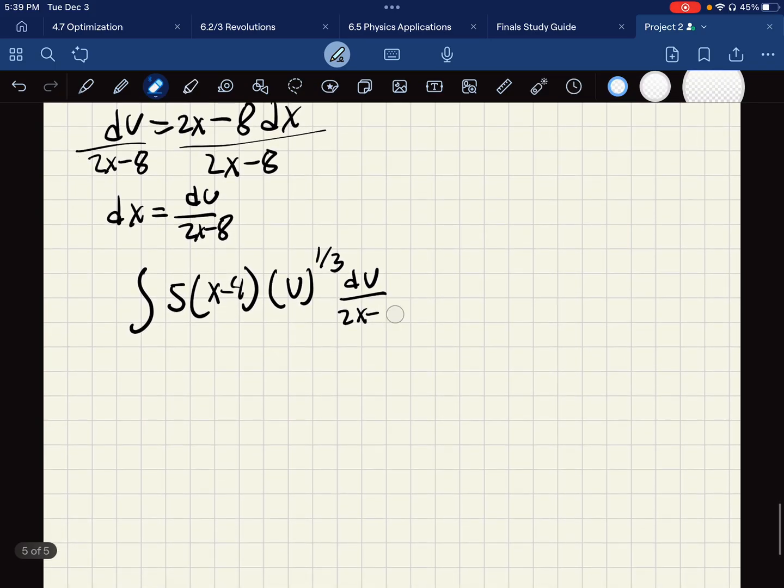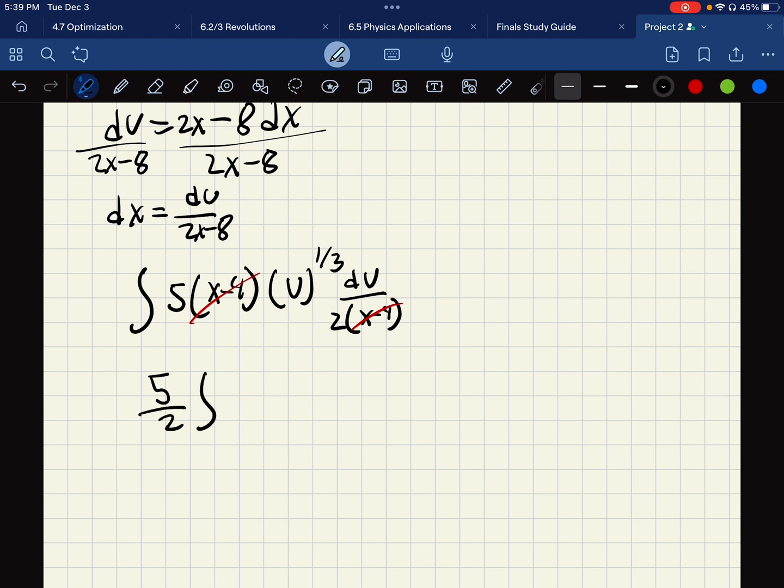And actually, we're going to take out a 2. So it would be 2 times x minus 4. There we go. Now these cancel perfectly, just like that. And since we have the 2 on the bottom and the 5 over here left over, we can just bring those to the outside. So it would be 5 divided by 2, the integral of u to the 1/3 du.